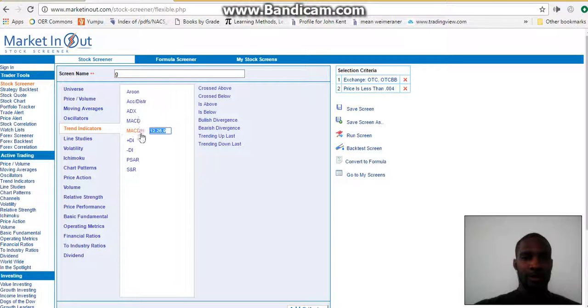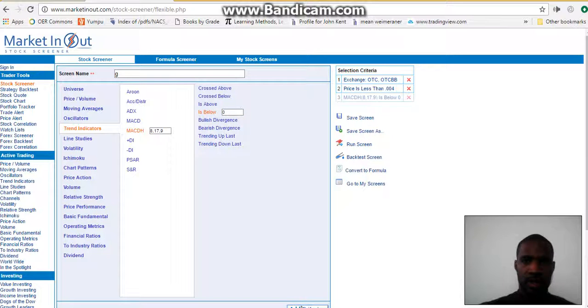I don't actually know why they have two different ones, but if I remember correctly, the MACD is going to be 8, 17, 9, and I'll say it's below the 0 line, so I'll put below 0, add criterion.